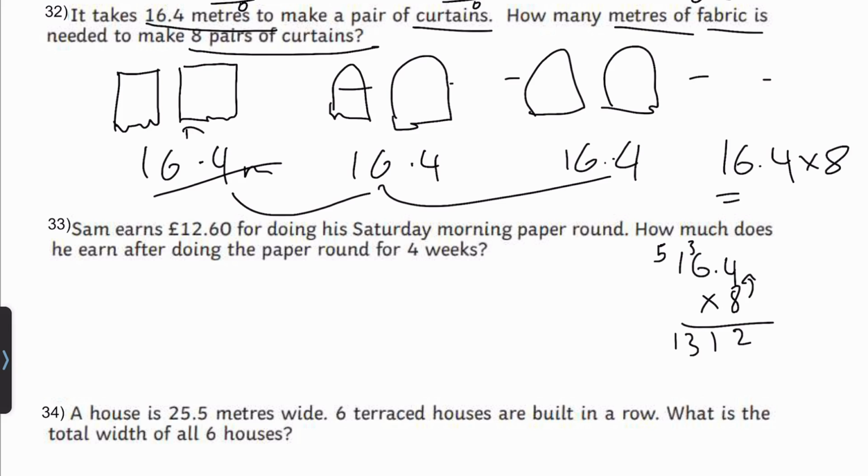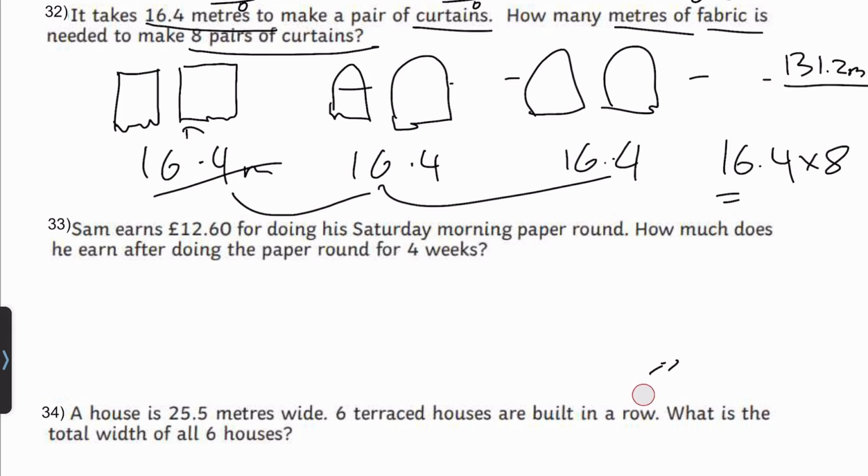And the answer is not going to be that big. Always remember, there's one number behind the decimal point. So that's going to be the answer: 131.2. Remember the meter symbol. So 131.2 meters. Bosh. Let me just rub that out so we can move on to the next question.